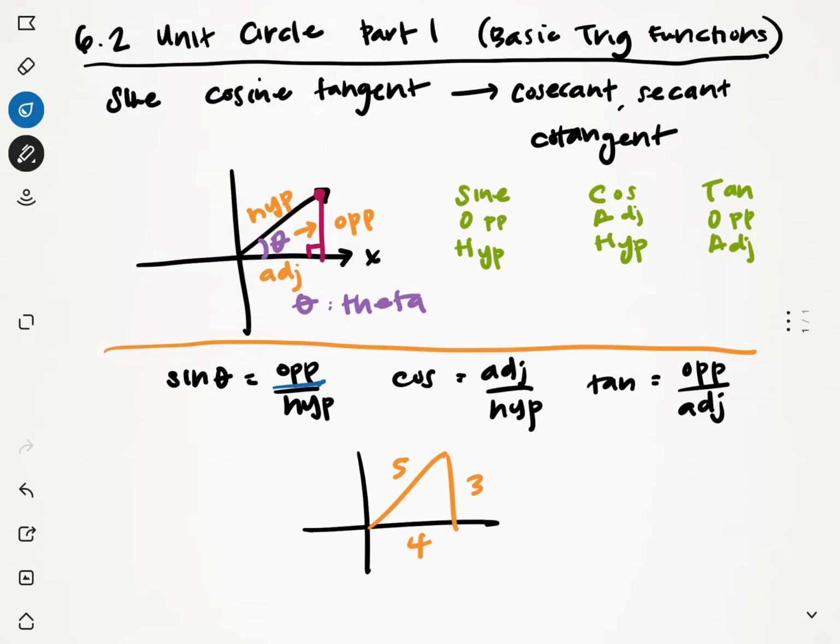Sine is opposite over the hypotenuse. So the opposite side, our theta is always in here. The opposite side is 3 over the hypotenuse, which is 5.